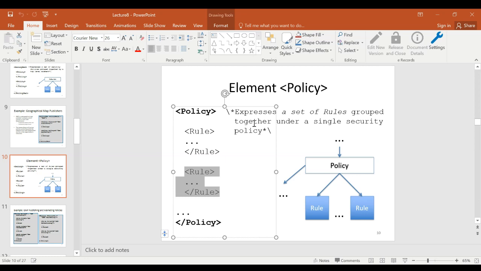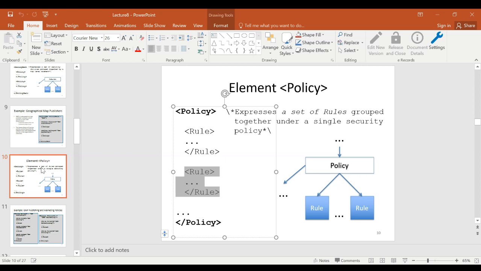You continue until you've exhausted the list of all of your rules, and the first one that applies, the first one that can be triggered and give us a decision, will be selected. Then we ignore everything else that comes after that.